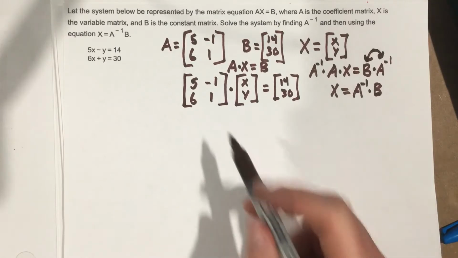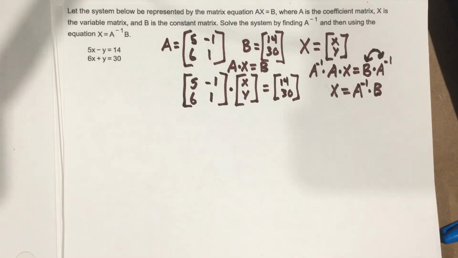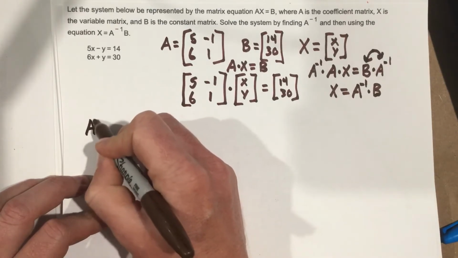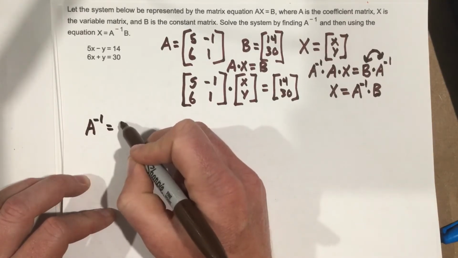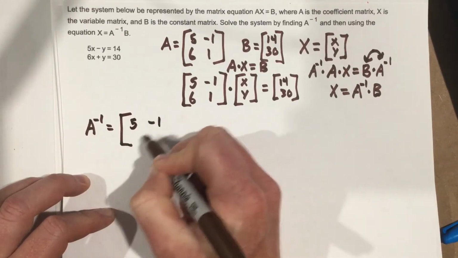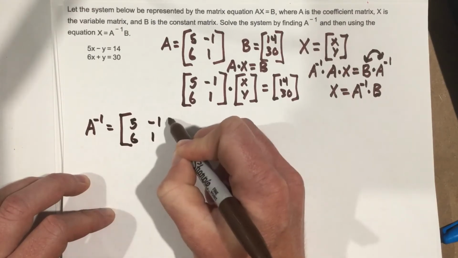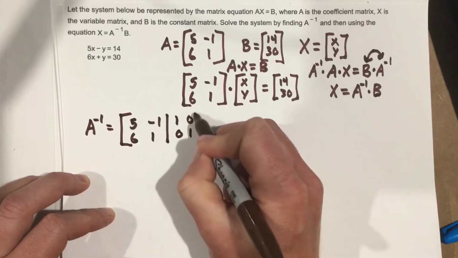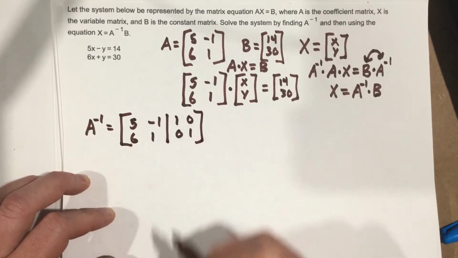So the first thing we need to do is take the A equation and find the inverse. So here's what we do. A inverse is going to equal 5, -1, 6, 1, conjoined with 1, 0, 0, 1, right? We need the identity matrix out here.